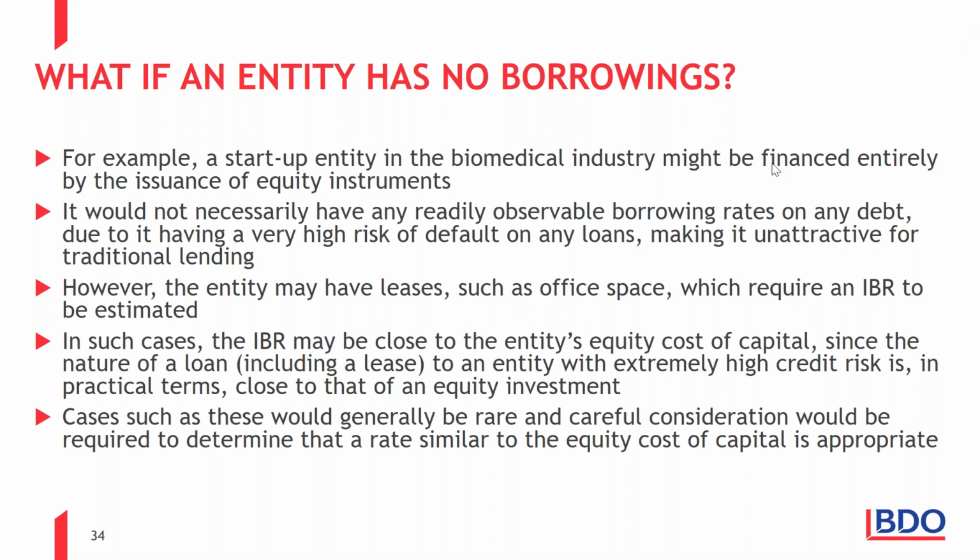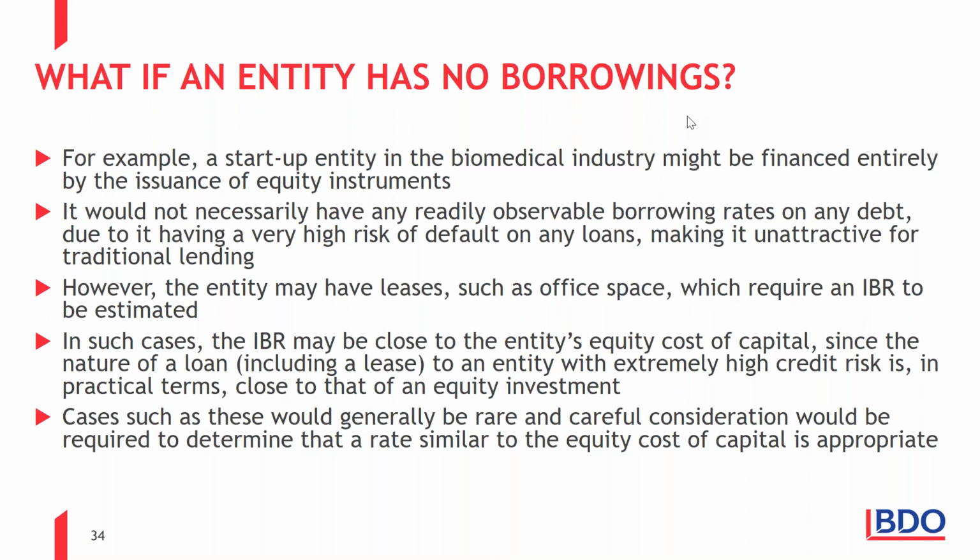In terms of office, or for junior explorers, it might have mining equipment, very specific equipment, and so on that it leases. The incremental borrowing rate for these may potentially be quite different, and that is because we have to have in mind that the discount rate or incremental borrowing rate should reflect how a contract is priced.